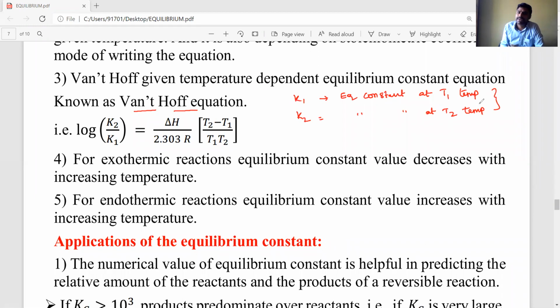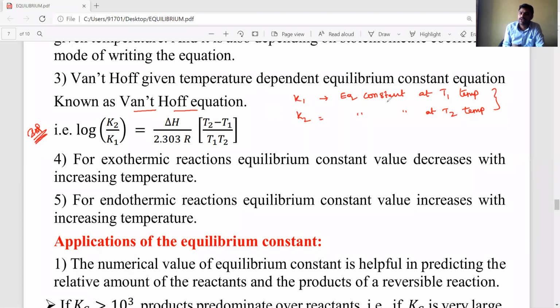So based on the temperature factor, Van't Hoff proposed an equation known as the Van't Hoff equation, and it is very important, dear students. Objective questions are asked based on it. They give K1, K2 and delta H, and we have to find the second or first temperature.